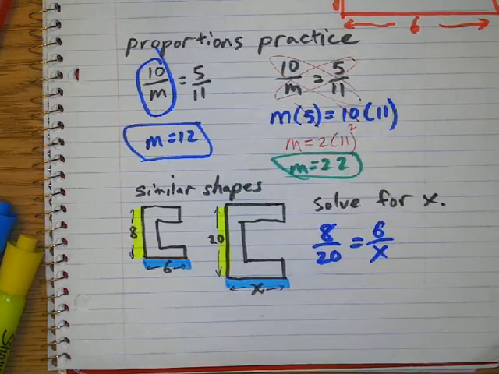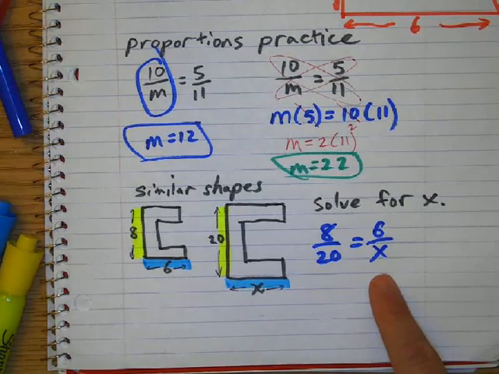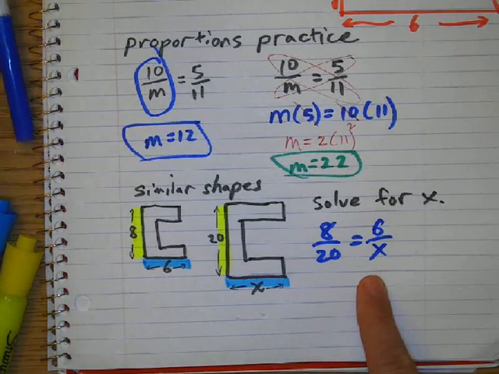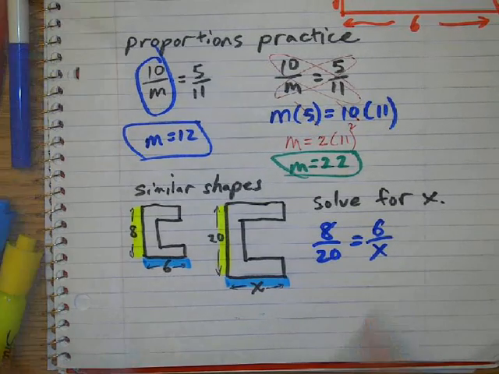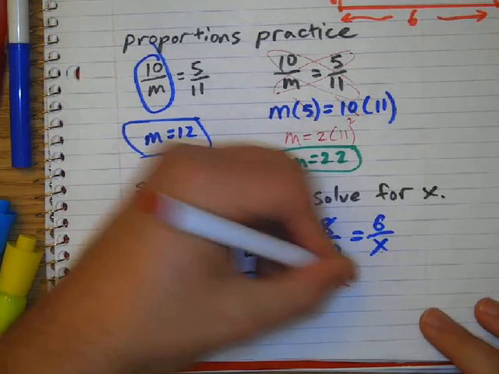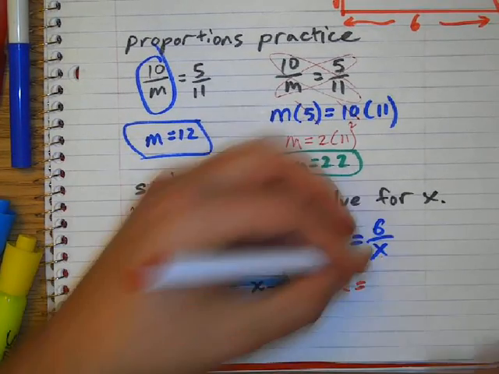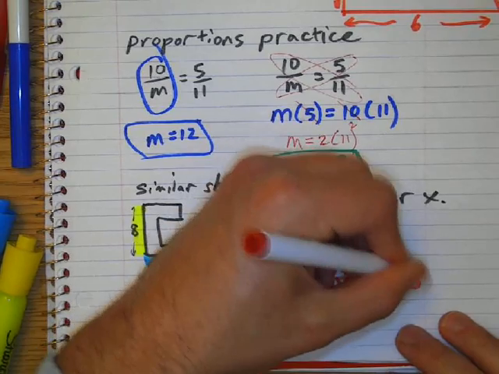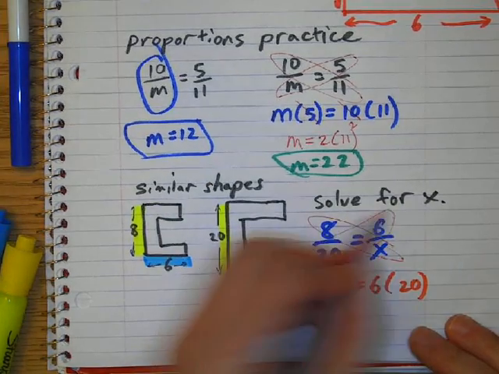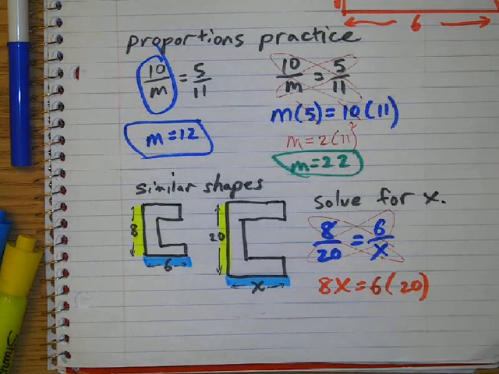Okay, and then this is not as simple as this one, so we're going to have to cross multiply. So we're going to have to say that 8 times x is equal to 6 times 20 when we cross multiply. Okay, so now I'm going to get my calculator.